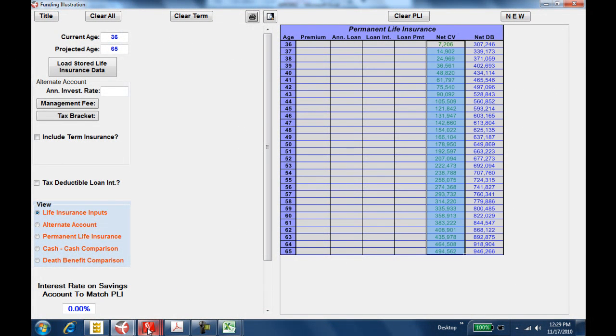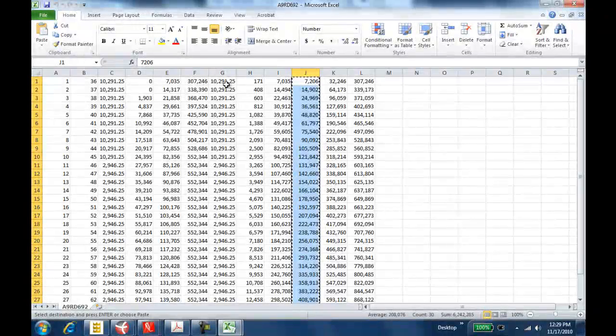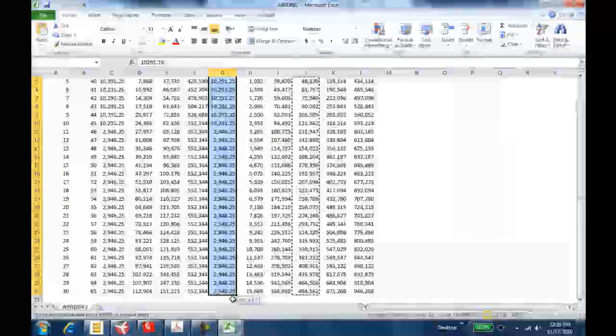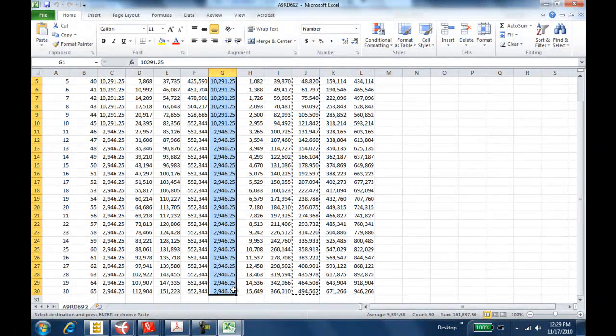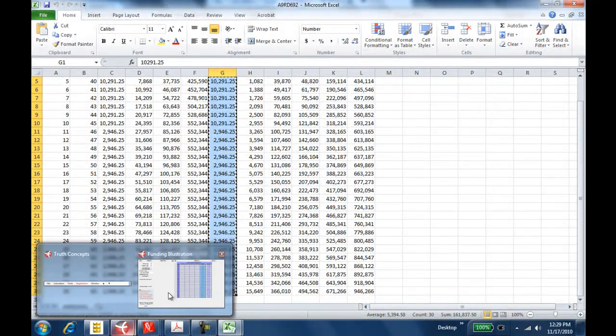And then I'm going to copy and paste the premiums, which right here are $10,291 for the first 10 years and $2,946 for the subsequent 20 years. So let's copy and paste that.